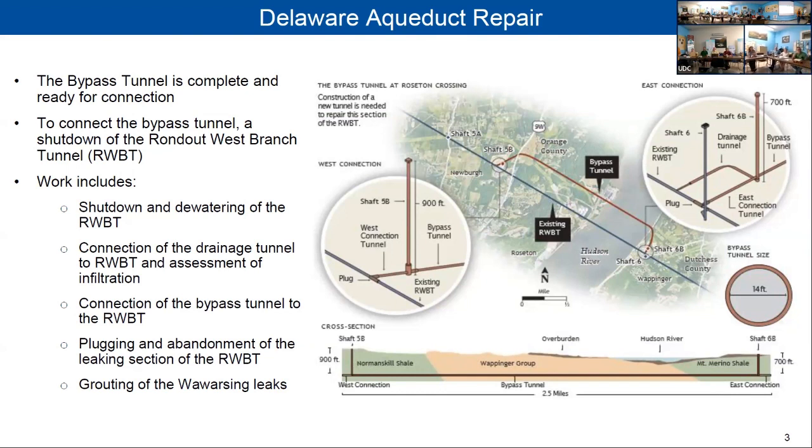Even going into the existing tunnel, its integrity is good enough to work in. I see it behind you, is that a 14-foot diameter tunnel? Yes. Is it generally full of water, or half full? It depends on what the flow is that we're sending down. And you've not had any collapses in any other sections so far, right? No.